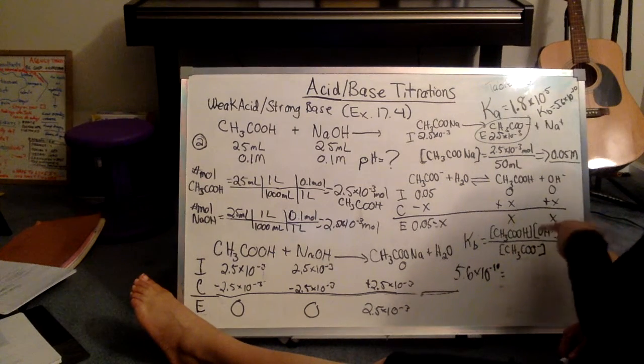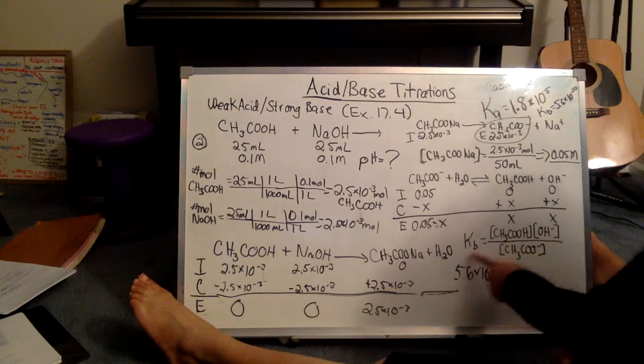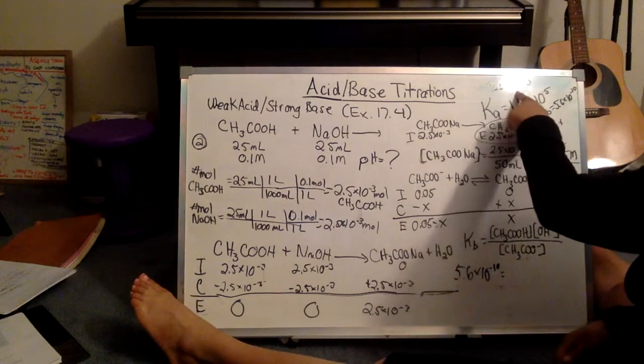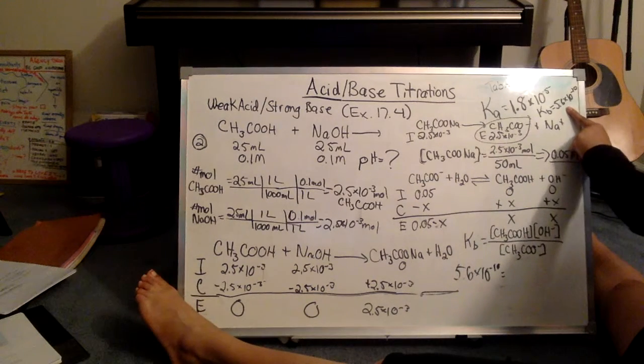Now, in order to solve for OH, we're going to have to use the KB, which is the basic ionization equilibrium constant, because we're talking about OH. So we look up in table 16.3 to find that the KB for base is 5.6 times 10 to the minus 10.